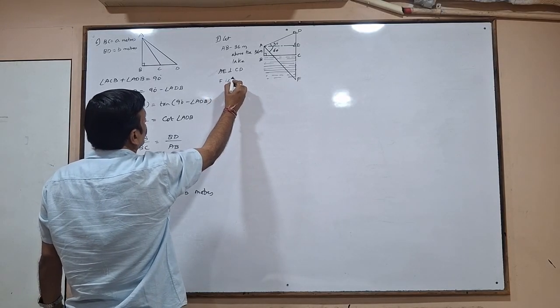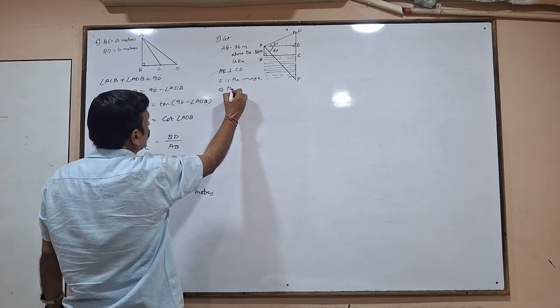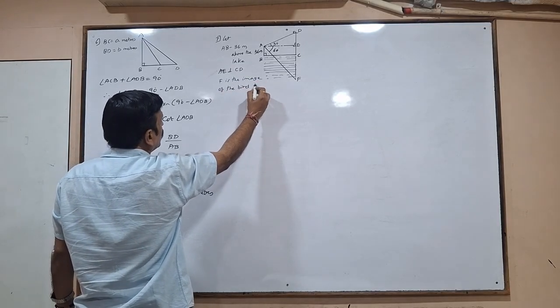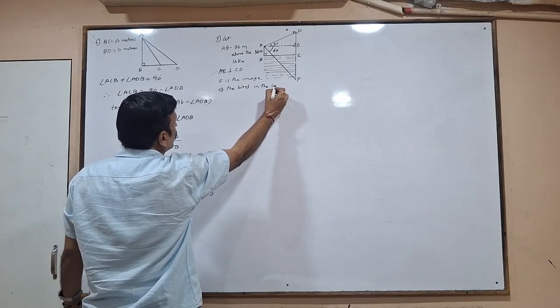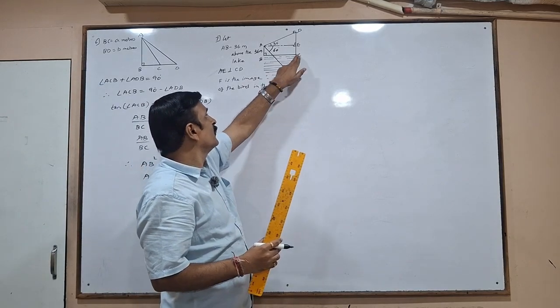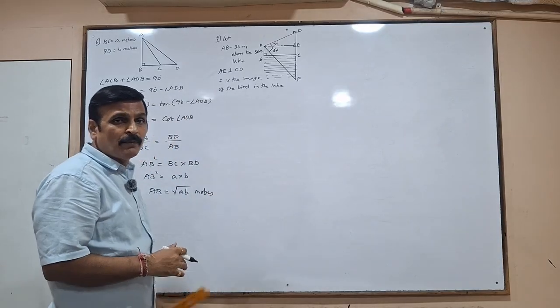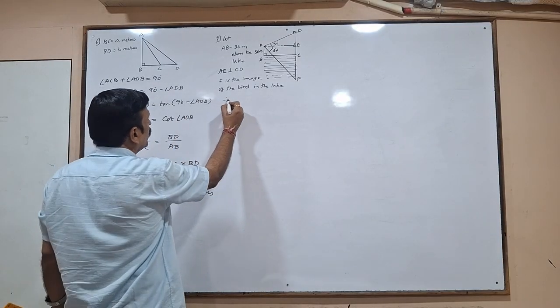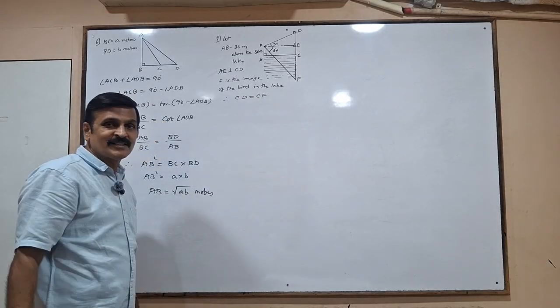F is the image of the bird in the lake. Now the image's distance from the surface will be equal to the height of the bird from that particular surface. So here obviously CD will be equal to CF.